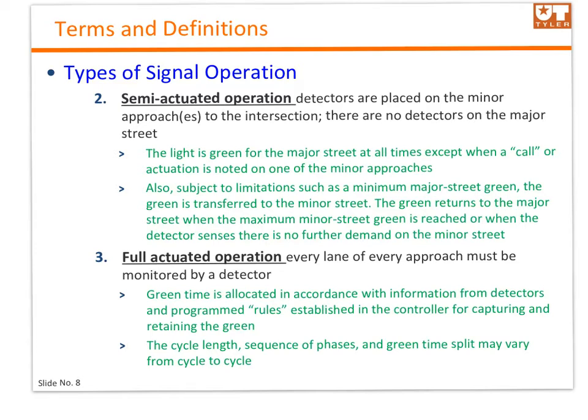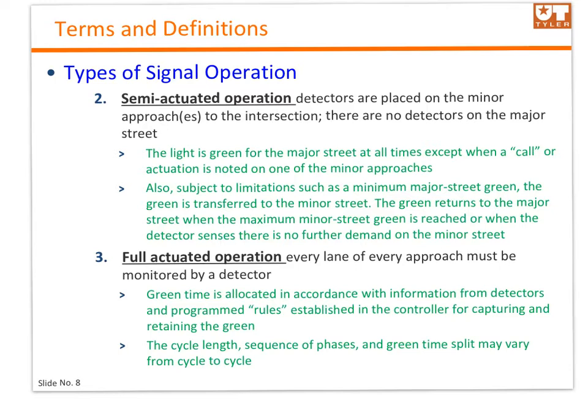This type of semi-actuated operation is also subject to limitations, such as the minimum major street green. The green is transferred to the minor street. The green returns to the major street when the maximum minor street green is reached, or when the detector senses that there is no further demand on the minor street.